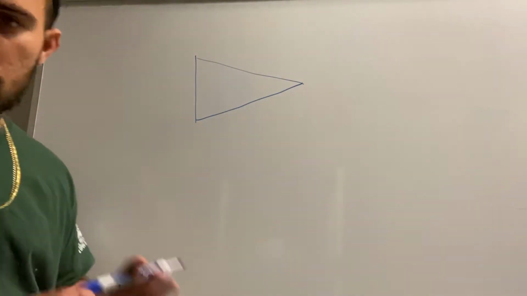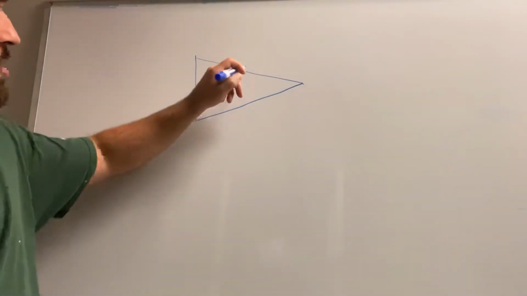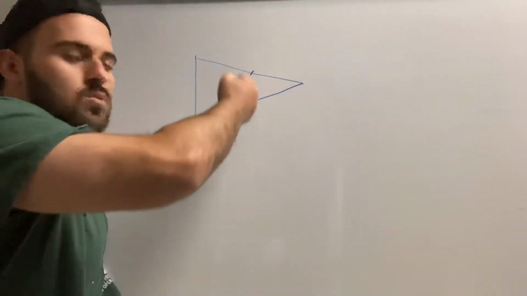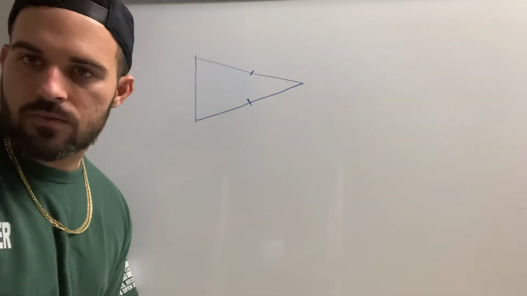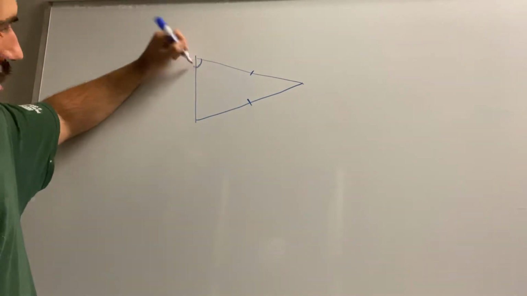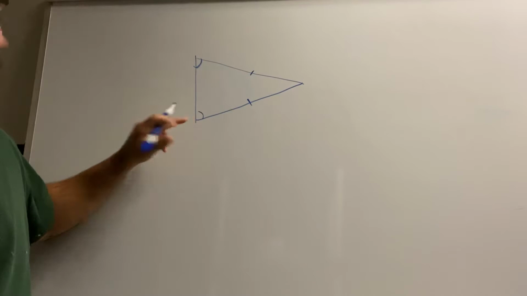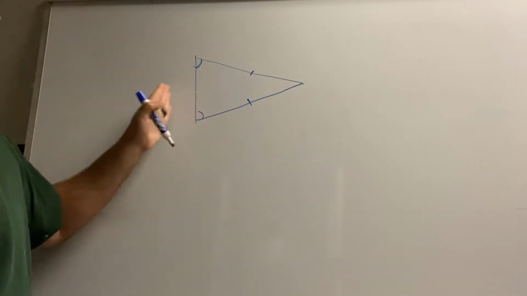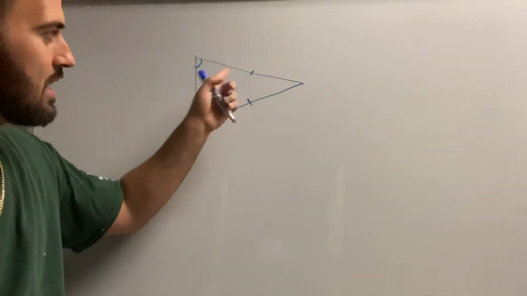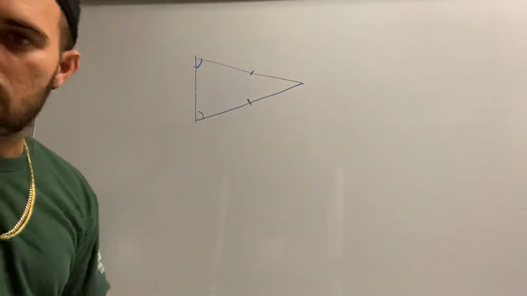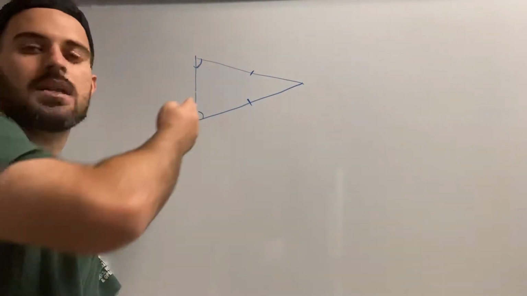So a quick little example, right? I gave you guys the dashes. The dashes would represent that these 2 sides are equal, right? And if I had these little dashes here, that would mean that these 2 are equal. Since this side right here doesn't have a dash, it is telling us that it is not equal to the other sides. And since there's no angle symbol here, it is telling you that it's not equal to this side.